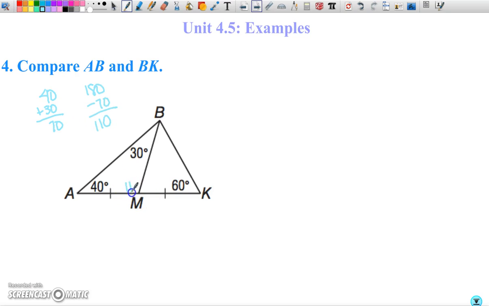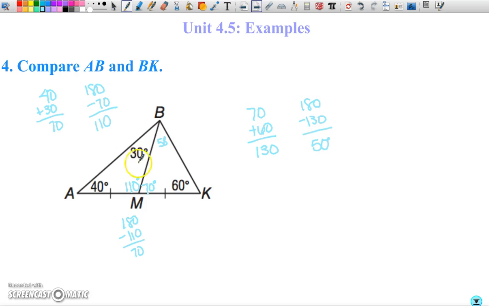So this angle right here is 110 degrees. These two right here are supplementary. So if we take 180 and subtract 110, we get 70. So this is a 70-degree angle here. And then if we add these together, 70 plus 60 gives us 130, and take 180 and subtract 130 from it, we get 50 degrees.